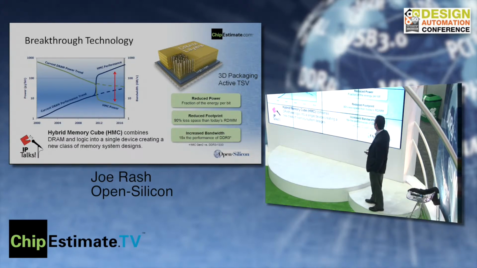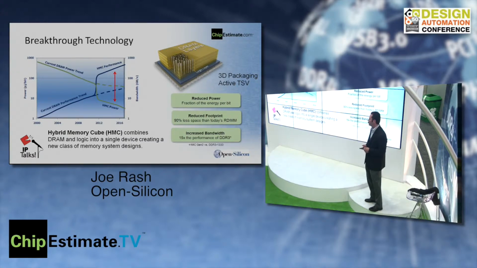The net result of hybrid memory cube technology is a drastic reduction in power in terms of the energy per bit required to store and transmit information. There's also a greatly reduced footprint. The size of a hybrid memory cube is roughly on the order of a 20 by 20 or 30 by 30 BGA package. And the bandwidth itself is really an astronomical leap forward.